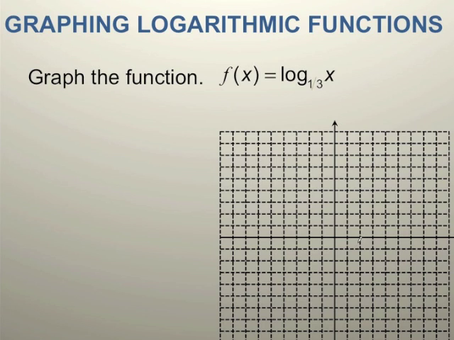Let's graph this, and now the base is a fraction, so we know we should have a decreasing function. My points would be (1/a, -1), which will be (3, -1), (1, 0), and (1/3, 1).